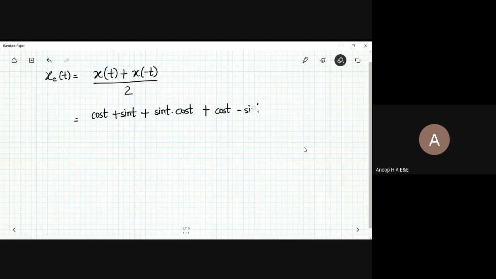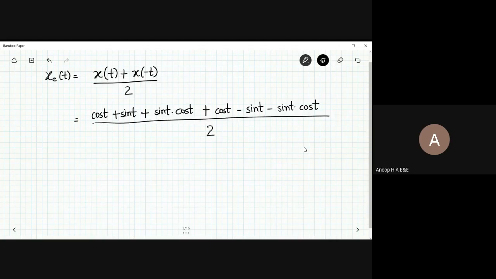The whole thing is to be divided by 2. So what gets cancelled? Minus sin t plus sin t, and plus sin t cos t with minus sin t cos t cancel. What is left is 2 times cos t divided by 2, and the 2 gets cancelled.